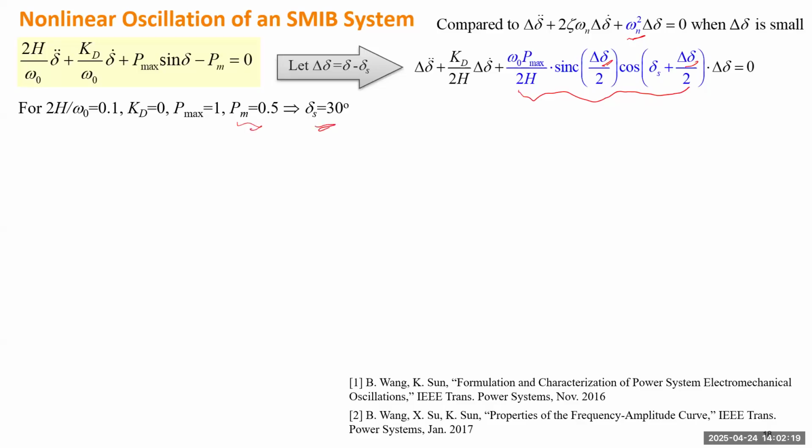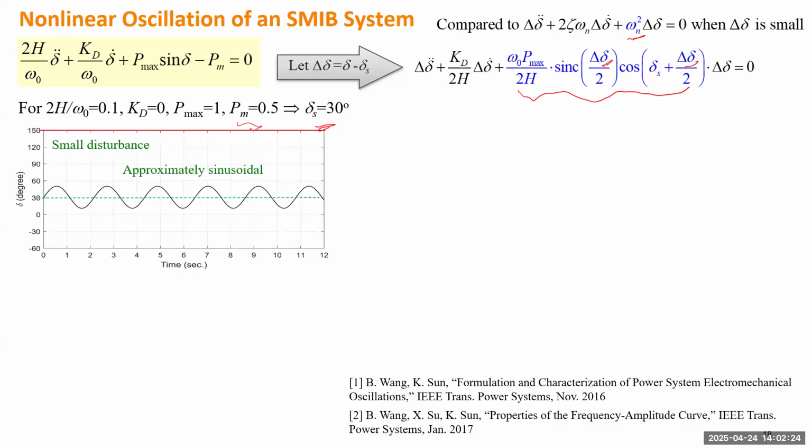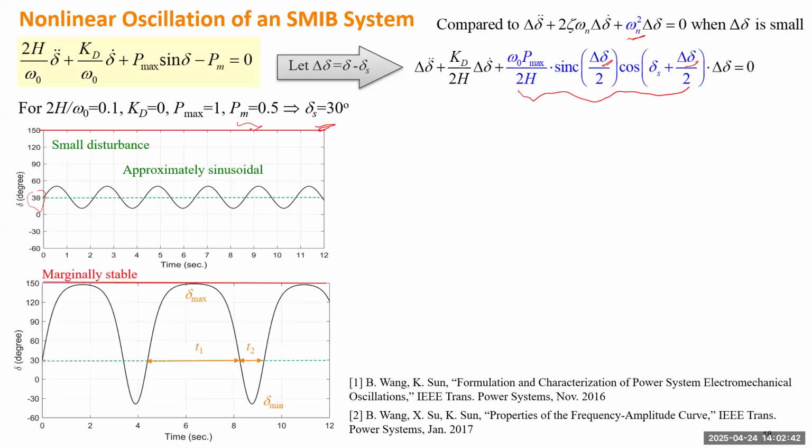Which means that the equilibrium point will have an angle of 30 degrees. So if we give the system a small disturbance, the system will oscillate around the 30 degrees, maybe with an amplitude of only 10 to 15 degrees. So the waveform is approximately a sinusoid. Okay, that's for small disturbance.